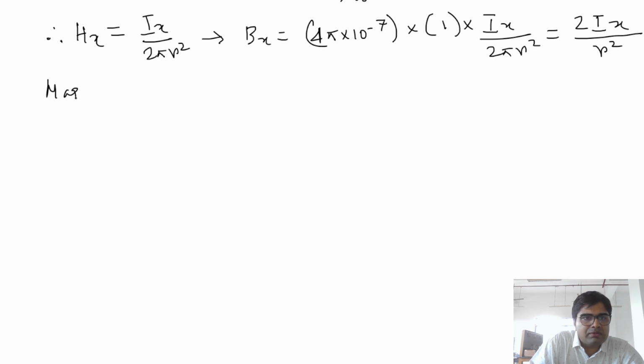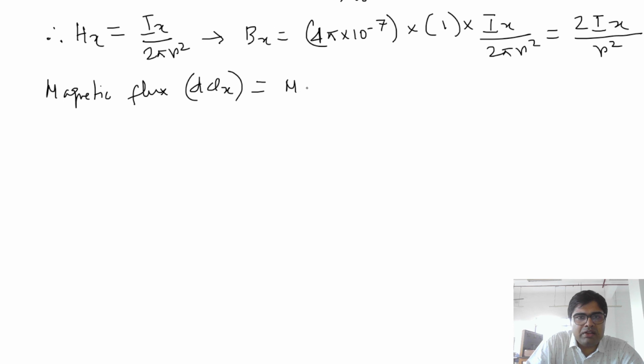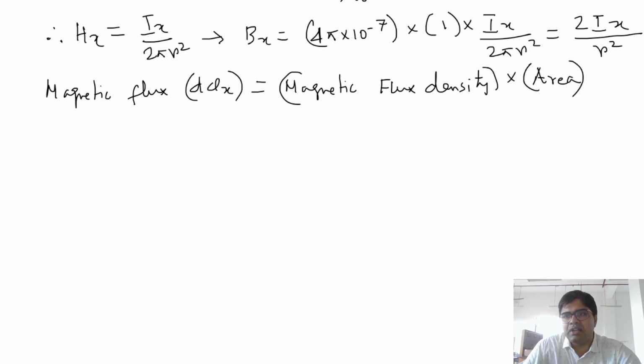Magnetic flux at x, d phi x, that will be equal to magnetic flux density into area. Now what will be the area of this shell?